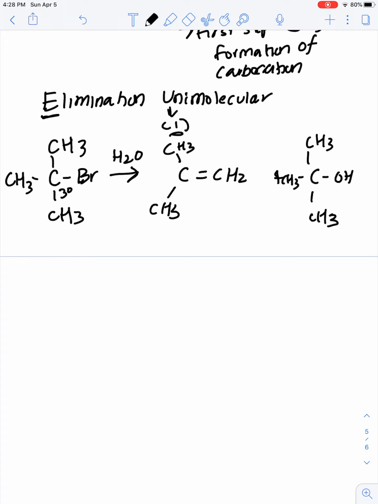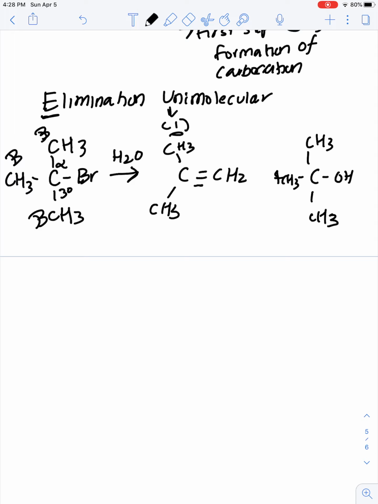The carbon that the leaving group is attached to is called an alpha carbon, and any carbon that the alpha carbon is attached to is called a beta carbon. Elimination reactions are also often called beta elimination. You can remove a proton from a beta carbon, and that's how you form the double bond.